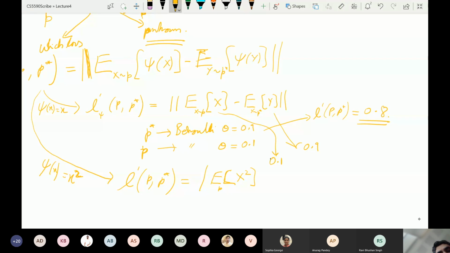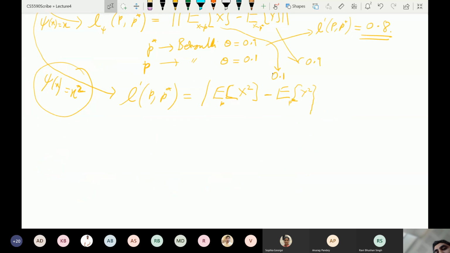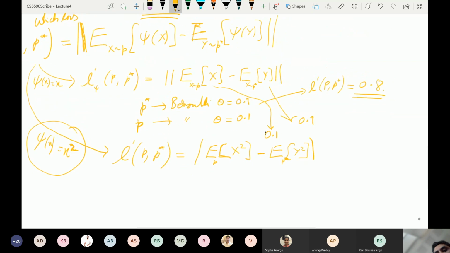That's the function, because psi of x is x square, minus the expectation with respect to p star of y square. Y is distributed as p star. So who will tell me the answer for this? First, who will tell me what is the expectation of x square if x is distributed as the same p?